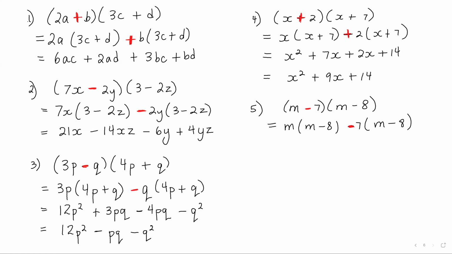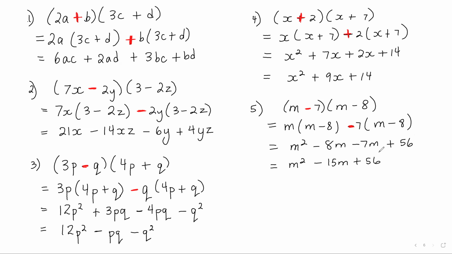So this would be m by m, which is m squared. m times minus 8 is minus 8m. Minus 7 times m is minus 7m. Minus 7 times minus 8 is plus 56. And then I could simplify this to give me m squared minus 15m plus 56.